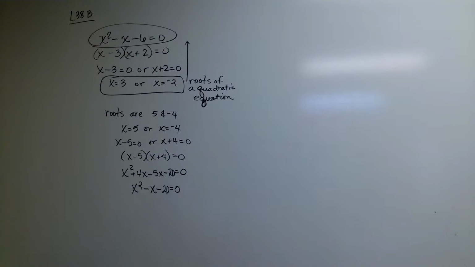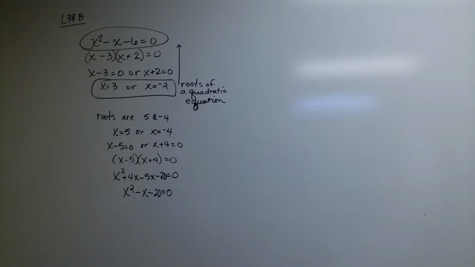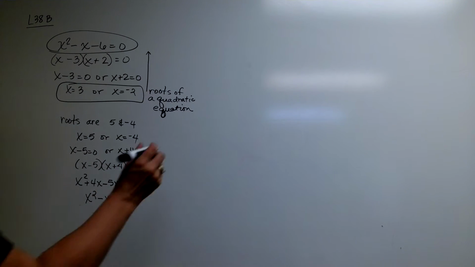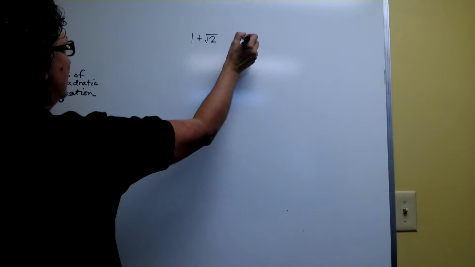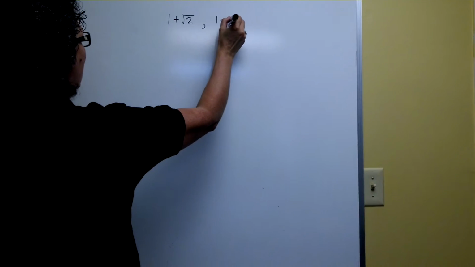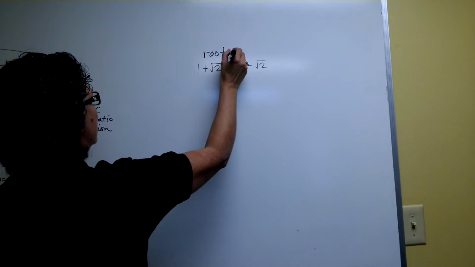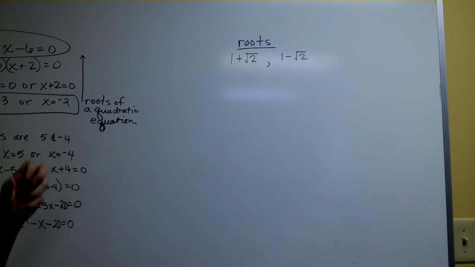This is the same if we are told that the roots are, this is one of your examples, 1 plus the square root of 2 and 1 minus the square root of 2. What is the quadratic equation that has those roots?